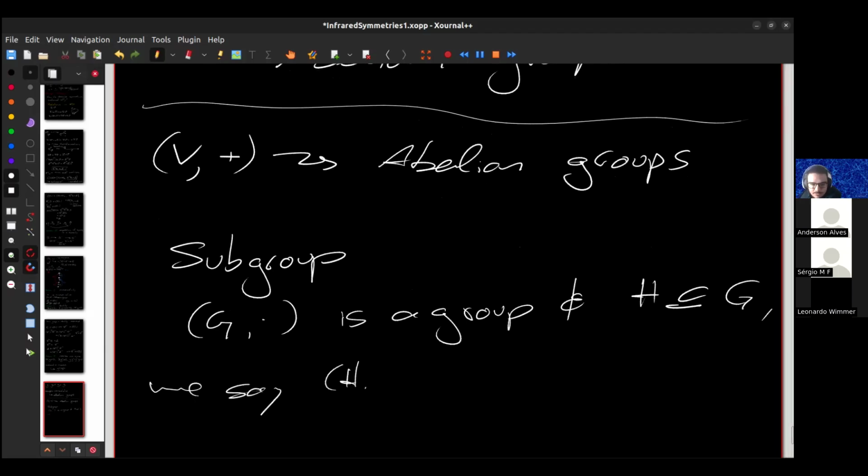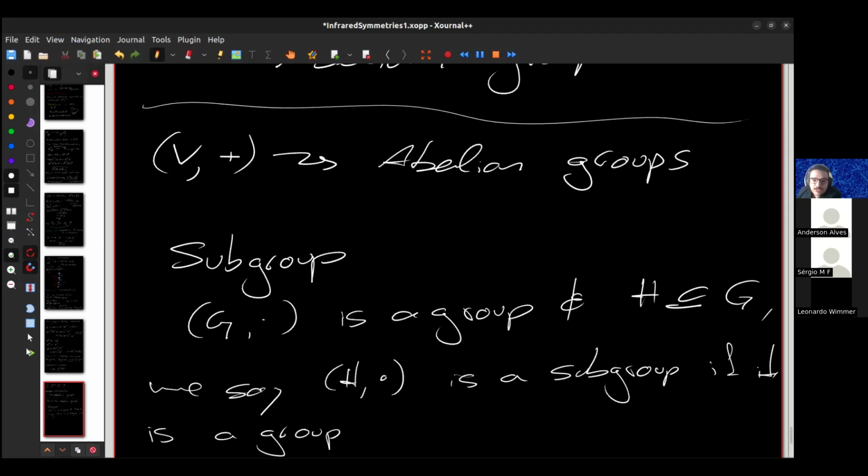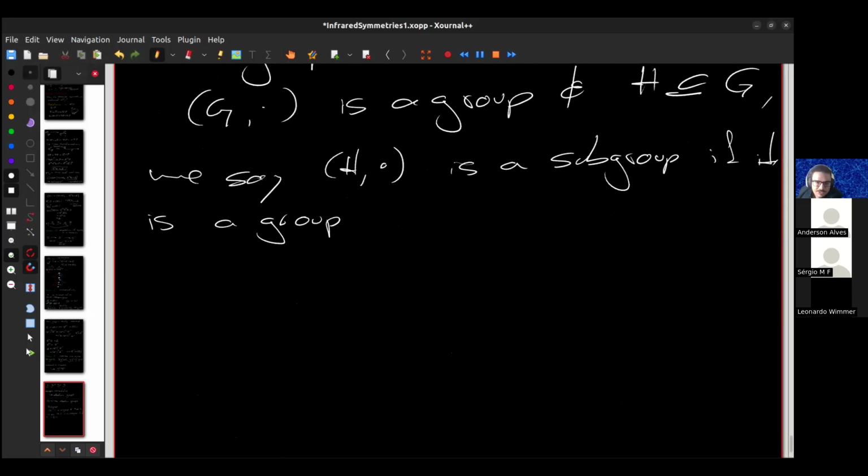we say that the pair (H, ·) is a subgroup if it is a group. A very important thing to be considered here is that the group product of H is the same one of G. So I'm not allowed to change the group products between them.